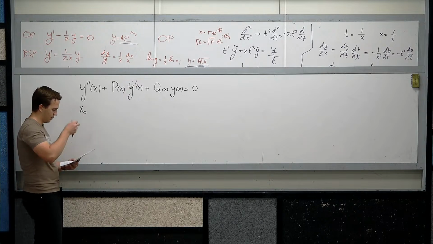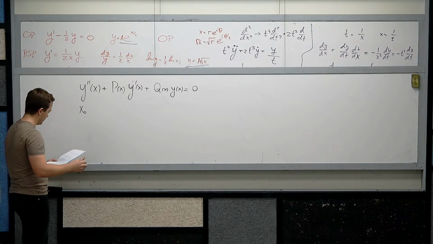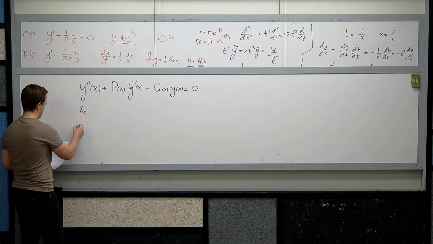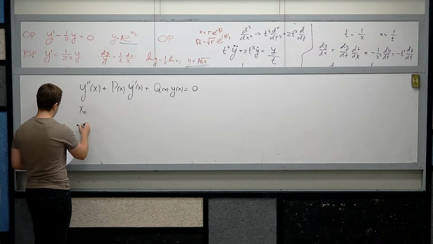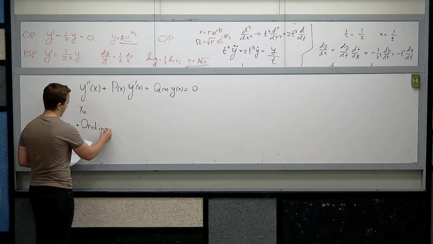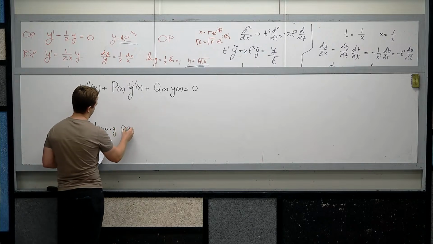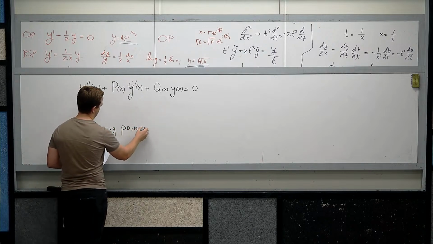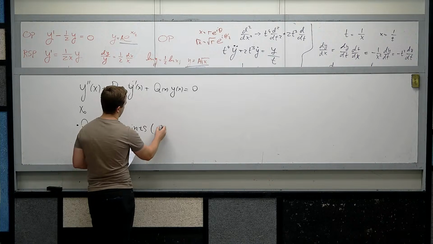So the first type of points is called ordinary points, or OP.